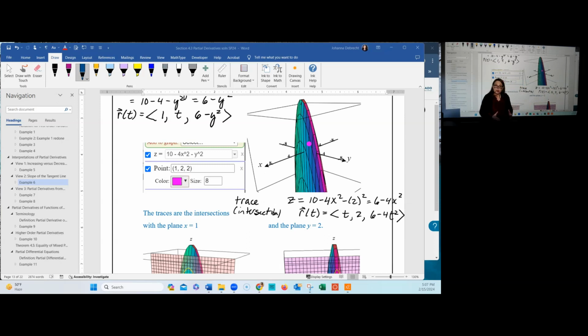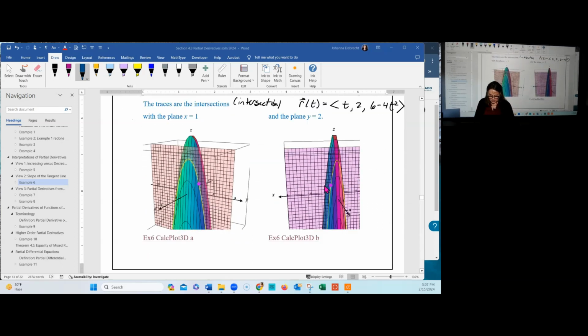We can parameterize this as a space curve by allowing x to be the parameter t and setting the y value at the constant 2 and letting the z component be 6 minus 4 times t squared. That will give us the graph of the intersection of the plane that you see here with the paraboloid.